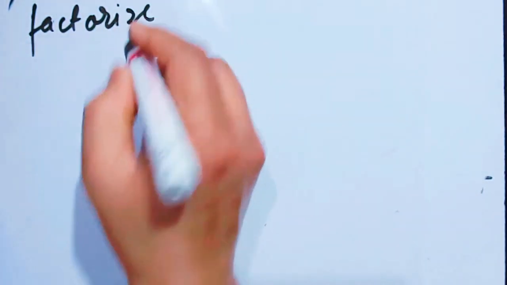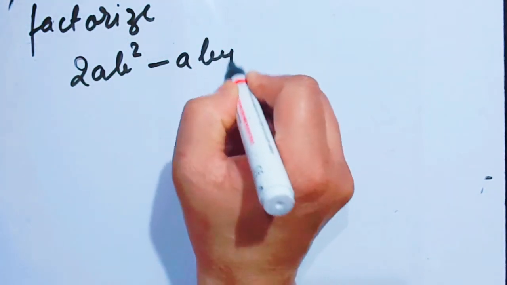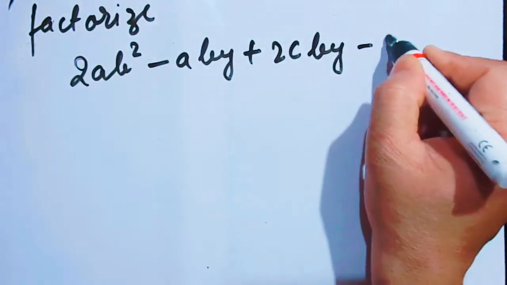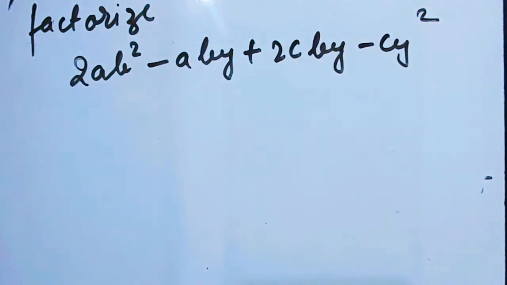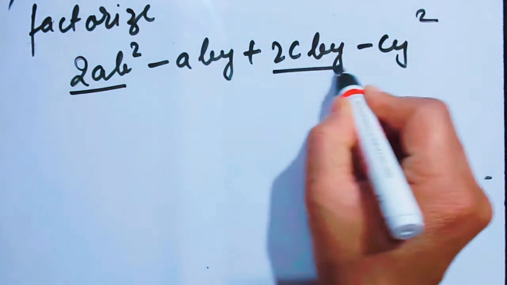Number 18 says that you please factorize 2AB square minus ABY plus 2CBY minus CY square. This is our problem, isn't it? I find that everything is perfectly fine, but not everything is perfectly fine, because I have to remove this 2.